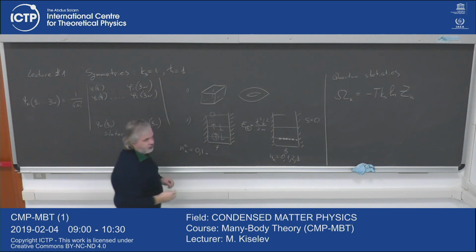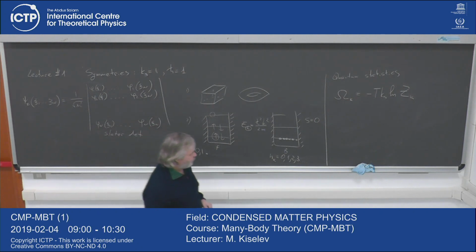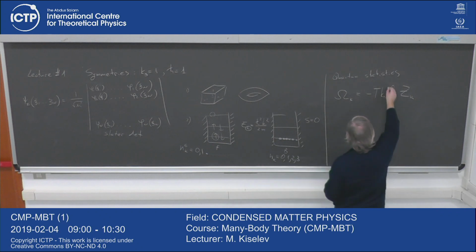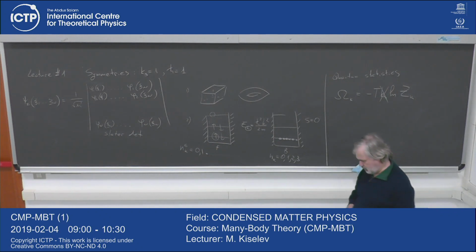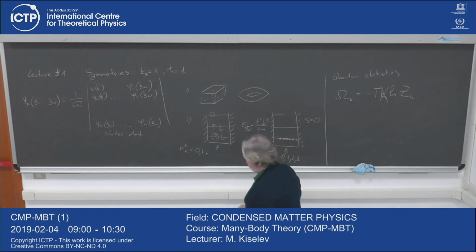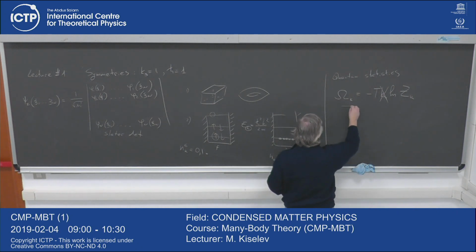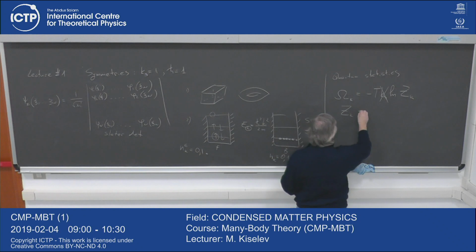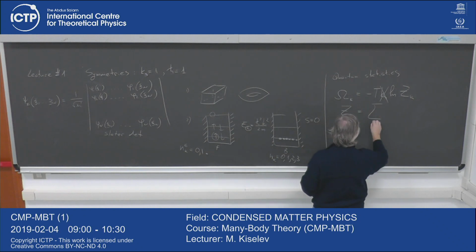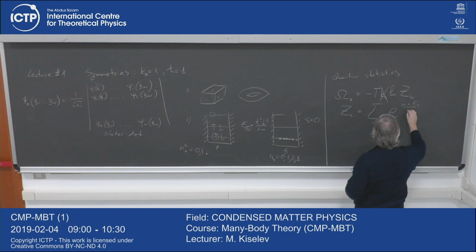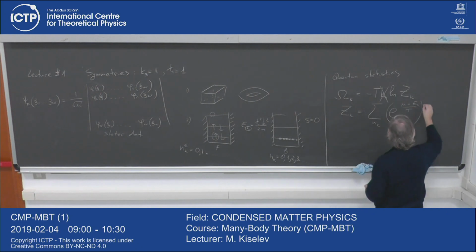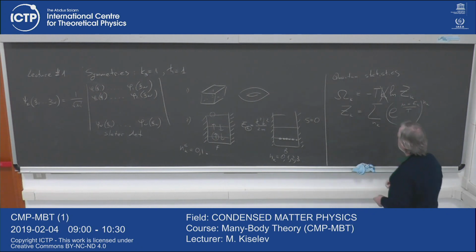So such a system of units is chosen. Therefore, I will skip the Boltzmann constant, and the partition function Z_k is the sum over all possible n_k of (e^{(μ−ε_k)/T})^{n_k}.